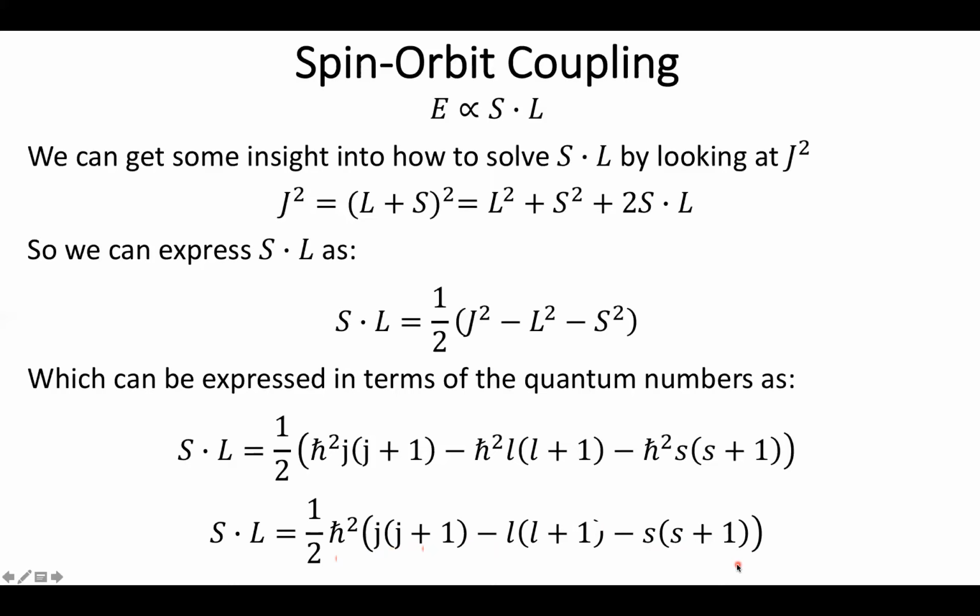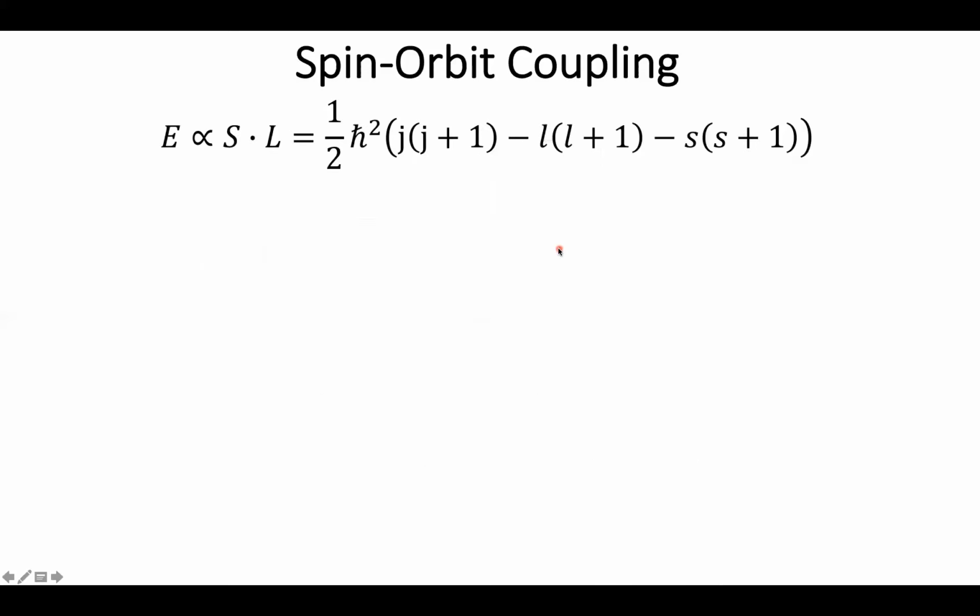So we've got a lot going on here, but this is actually relatively nice because we can take this equation and substitute it straight into our energy equation. And when we do this, we can start getting some nice take-home messages. First of all, if I want to minimize my energy, make it as low as possible, I'm going to want to minimize my total angular momentum values.